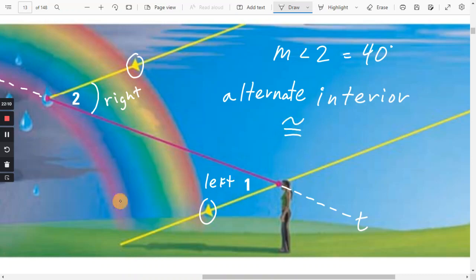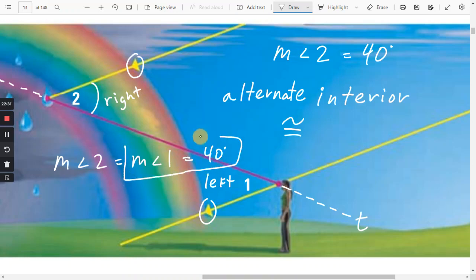So really, the measure of angle 2 equals the measure of angle 1. But we already said the measure of angle 2 is 40. So the measure of angle 1 is also going to be just 40 degrees. And that is because they are alternate interior angles, and also the lines are parallel.